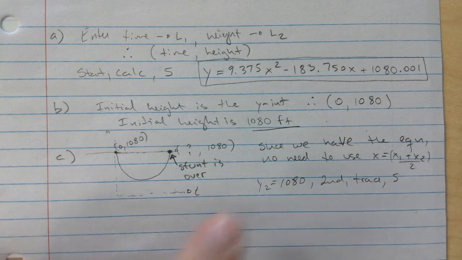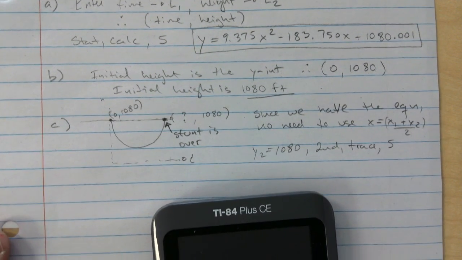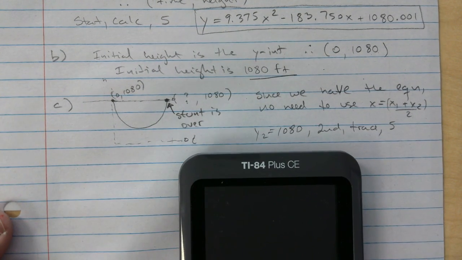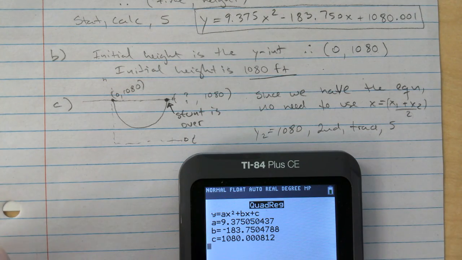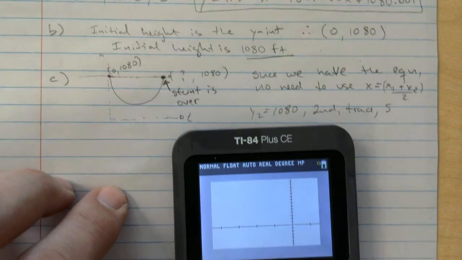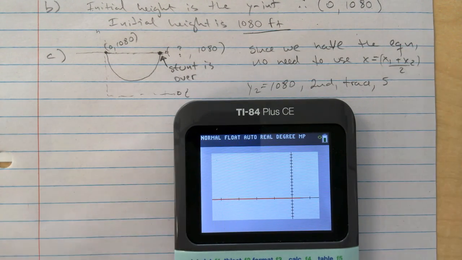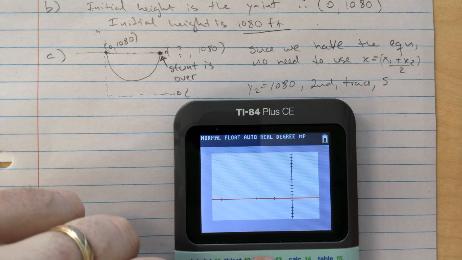So let's go ahead and do that on our calculator. I'm going to graph this first of all, because I'm pretty sure it's not even going to be on the screen, because we put in new points. So we have to go zoom 9.